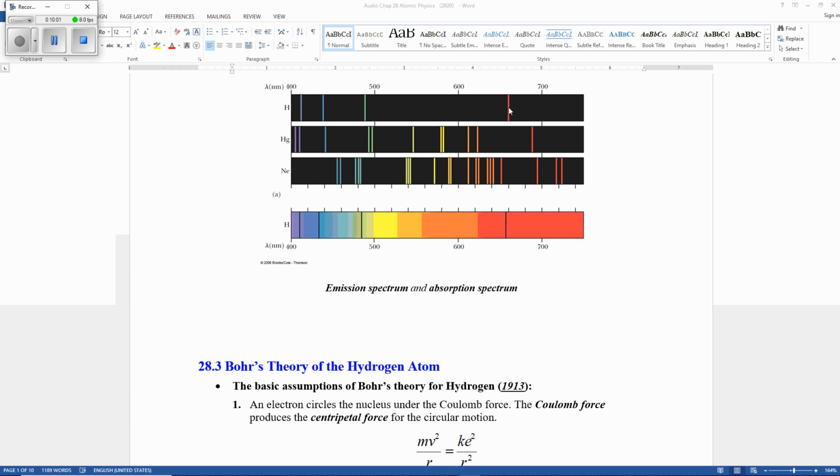So scientists want to know why the inside of the hydrogen gives you these four different frequencies, and mercury gives you different frequencies. We call them different fingerprints of different atoms. When you check the spectrum, you know what you have in the sample.